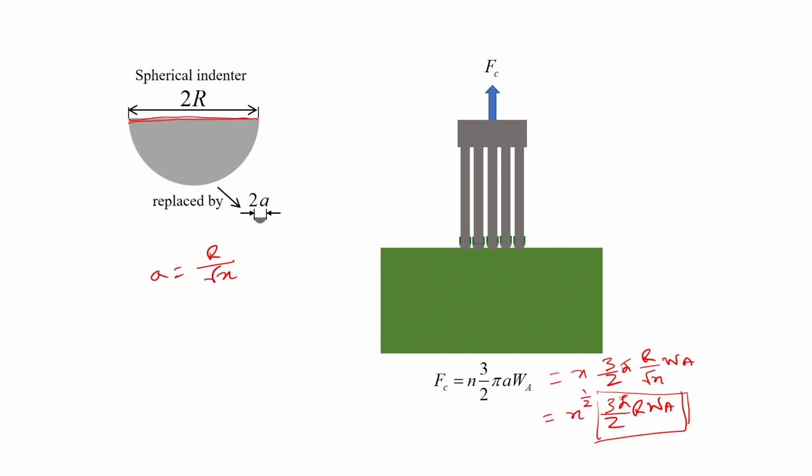Keeping that constant, we have divided it into small parts. So the pull-off load Fc now goes as square root of n, again an amplification.